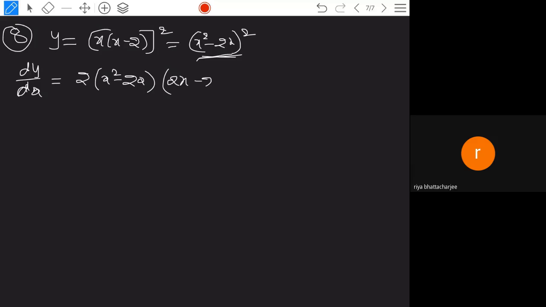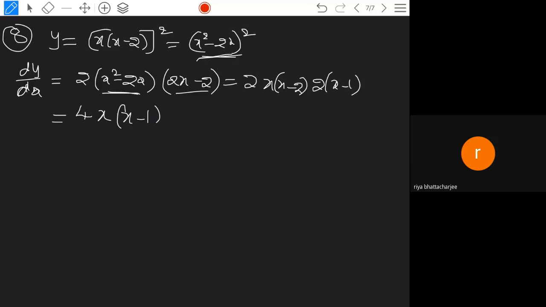From these two, if you take x common, you get x minus 2, and from here if you take 2 common, you get x minus 1. So on simplification you can write it as 4 into x into (x minus 1) into (x minus 2).